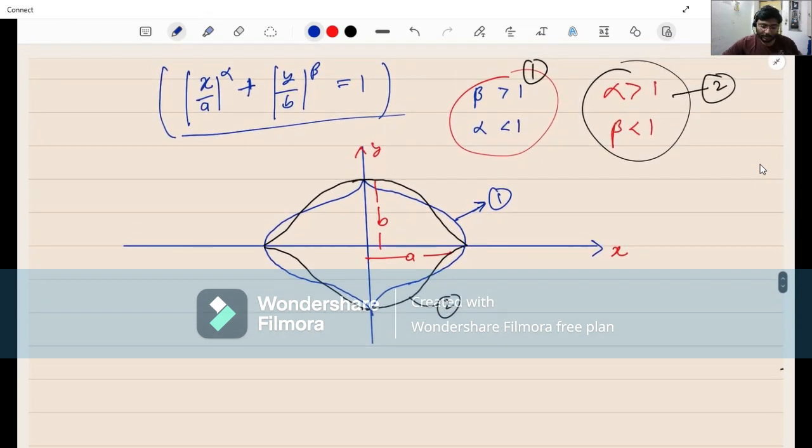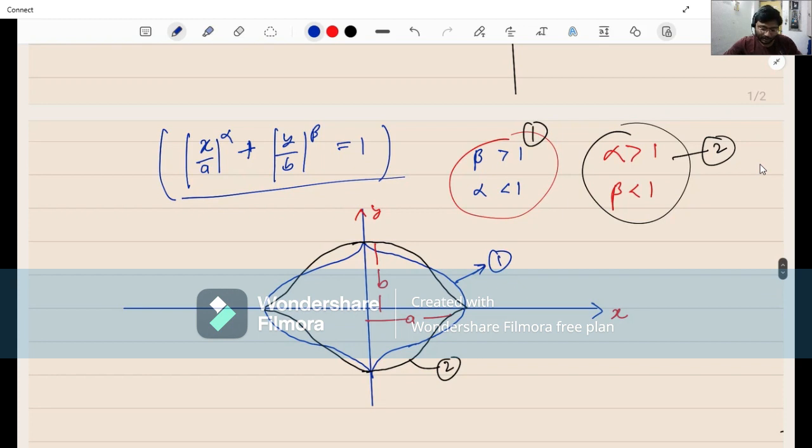I was earlier saying that since we have applied the modulus over x and y, the curve becomes symmetric along the x-axis as well as the y-axis. But since the power is different on x and y, alpha being the power of x and beta the power of y, the symmetric nature along the x-axis is not the same as along the y-axis.